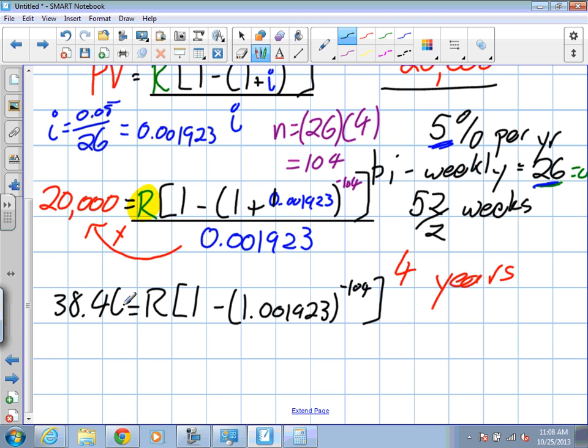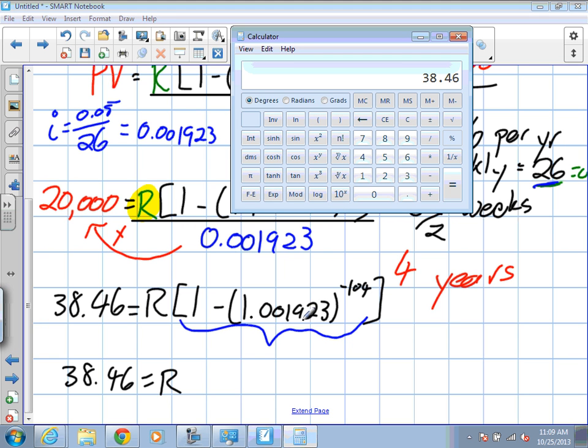The next step is we're going to simplify this bracket. It was the exact same step we did when we were doing the future value. So let's simplify that bracket. We have to take this number in the bracket, 1.001923, and put it to the power of negative 104. That is equal to this.